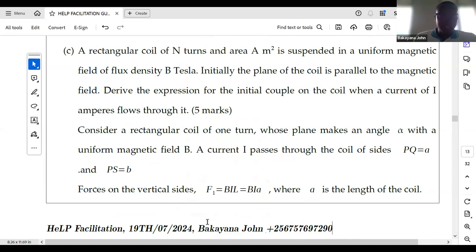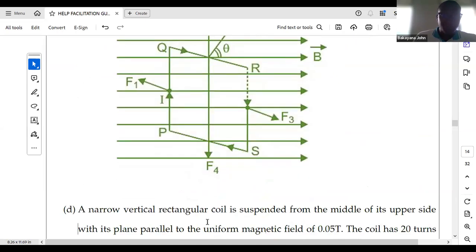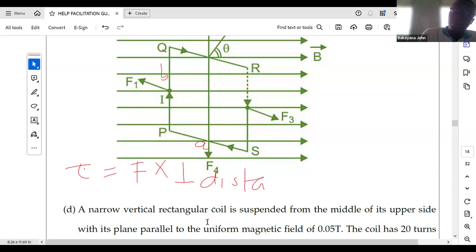I talked about alpha at the other end, but the sides I called B, and this one I call A. So as it rotates, remember we said that torque is the force times the perpendicular distance.